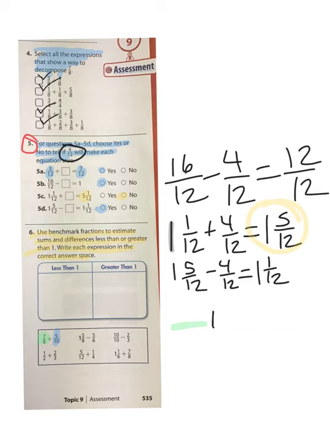The ones that are close to 1/2, I'm going to highlight in blue. And the ones that are going to be closer to 0, I'll do red. Okay, so I know that 7/8 is close to 1 and 5/10 is a half. So this is definitely going to be greater than 1.